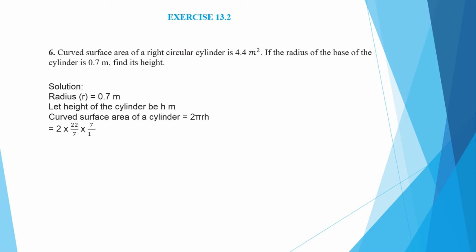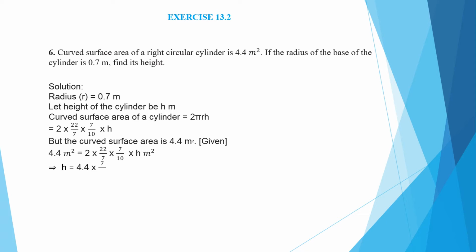So 2 into 22 by 7 into 7 by 10 into h, that is the curved surface area formula, is equal to 4.4 meter square. On calculation by cross multiplying, we are getting h is equal to 1 meter. So in this way, we will find the height of this cylinder.